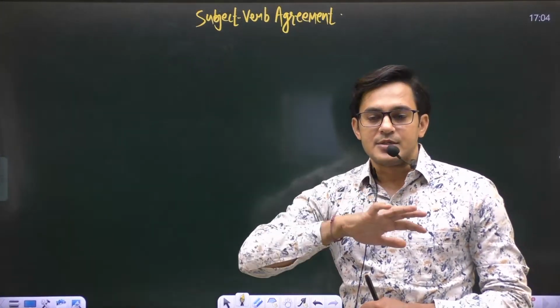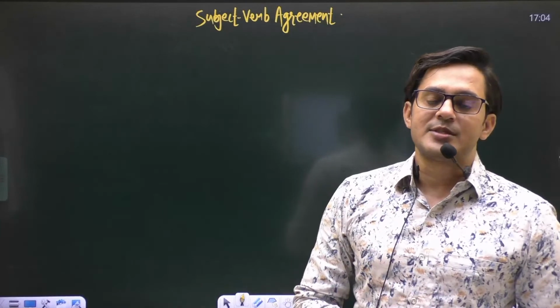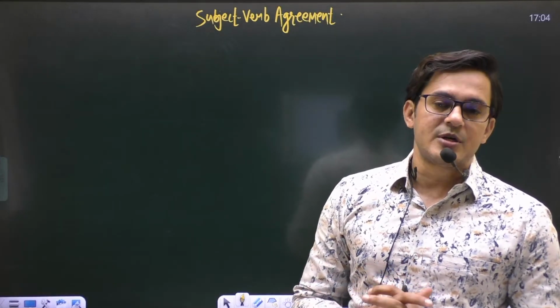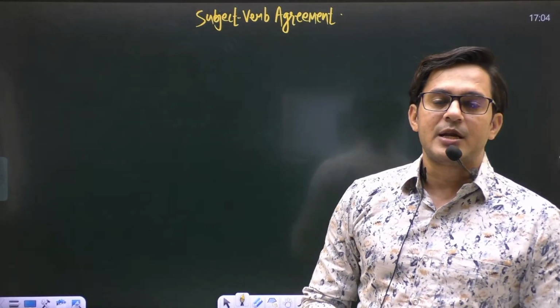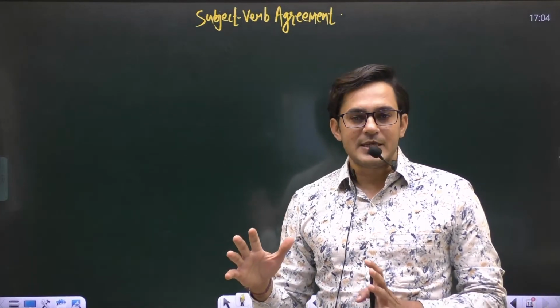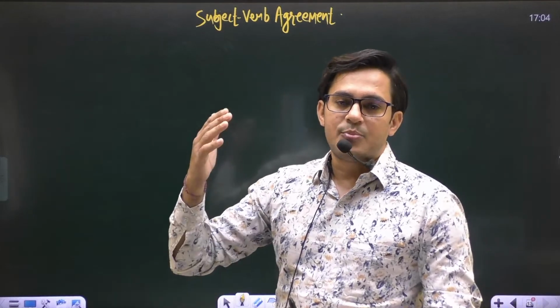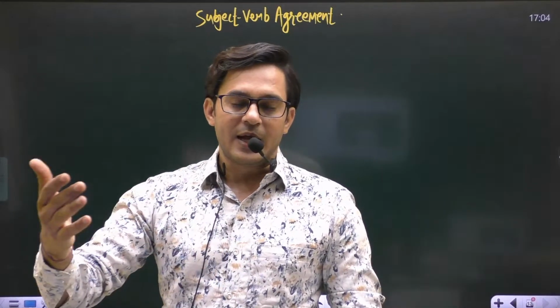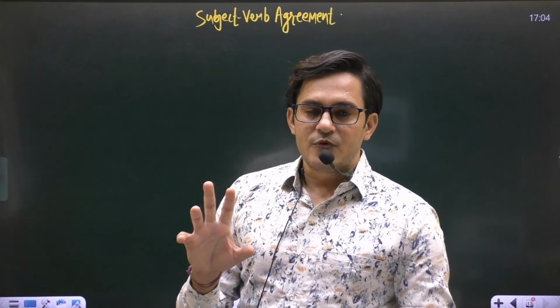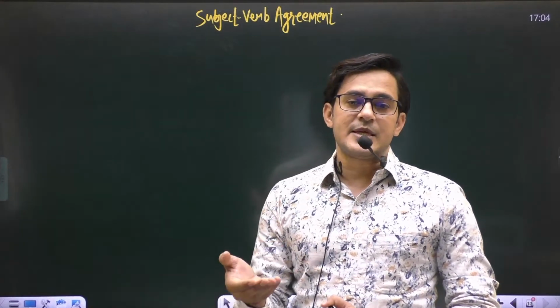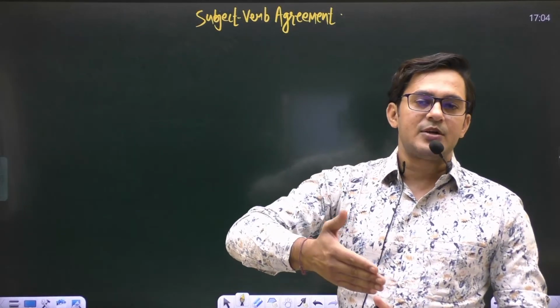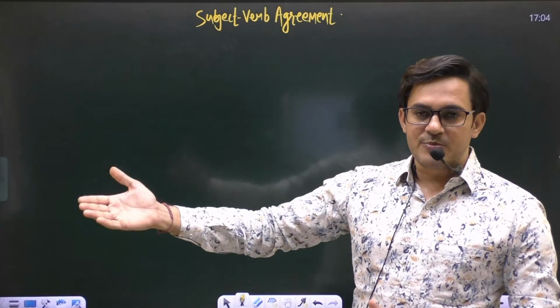After subject verb agreement, I will cover only 6 chapters: subject verb agreement, noun, tense, preposition, conjunction, and modal auxiliary verbs. We are going to discuss these 6 chapters, and after that we shall also cover some vocabulary part.